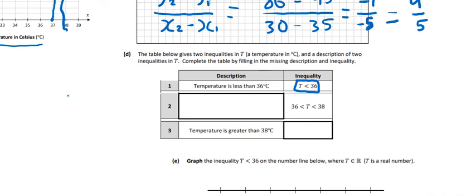If it's pointing towards the right, it means greater than. If it has a line under it and it's facing towards the left, it means less than or equal to. And if it has a line under it and it's facing towards the right, it's greater than or equal to. For the next one down, T is in between 36 and 38, so temperature is between 36 and 38.